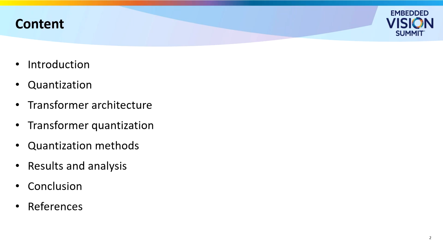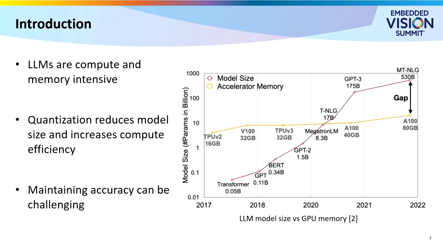So let's get started. As you can see, we have a lot of LLMs that are getting larger by the day. While this image might be a little old, I think it still conveys the idea that AI models are progressing at a much faster pace, getting bigger, whereas the hardware compute and memory bandwidth are not able to scale at the same level.